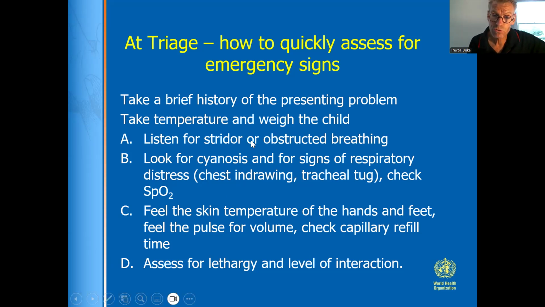You should listen for stridor or obstructed breathing. So when you're assessing the child's airway, listen for a stridor or obstructed breathing. Look for cyanosis in terms of breathing, or B, look for cyanosis and any signs of respiratory distress. So check for chest indrawing or tracheal tug, and check the oxygen saturations if you have access to a pulse oximeter.